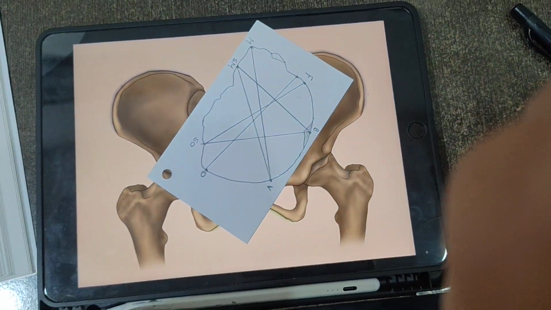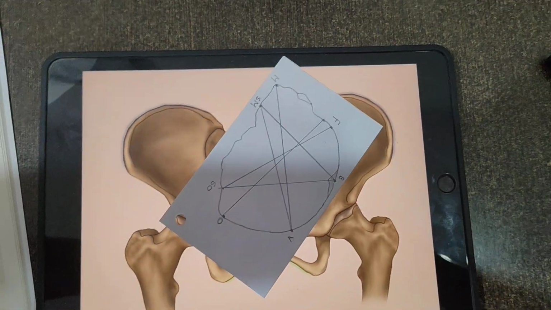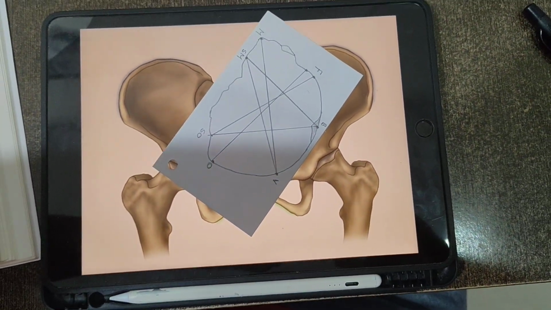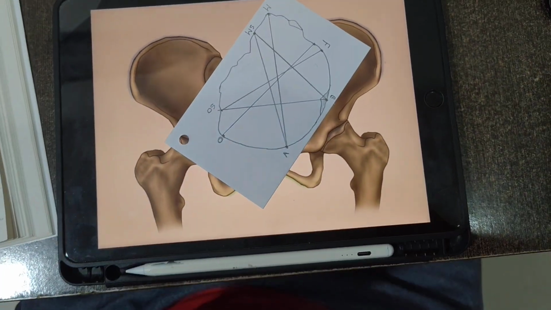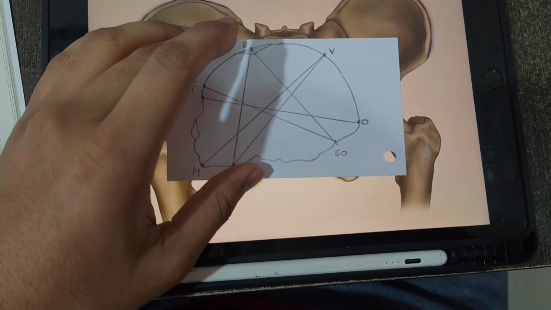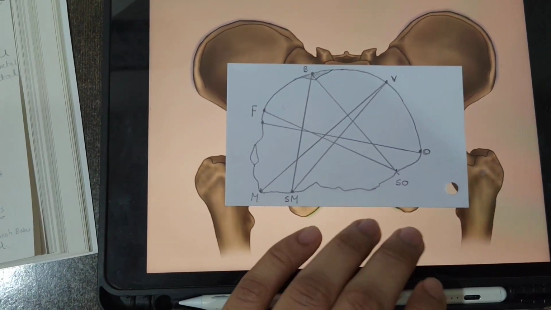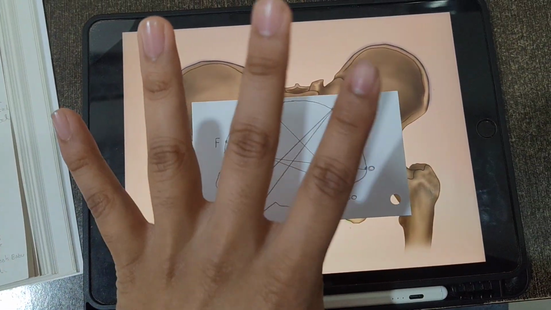Now, I just want you to understand why the engaging diameter is sub-occipito-bregmatic. We always read about that. If you see here, I've drawn the fetal skull, and I would like to draw your attention to basically 4 points of origin.